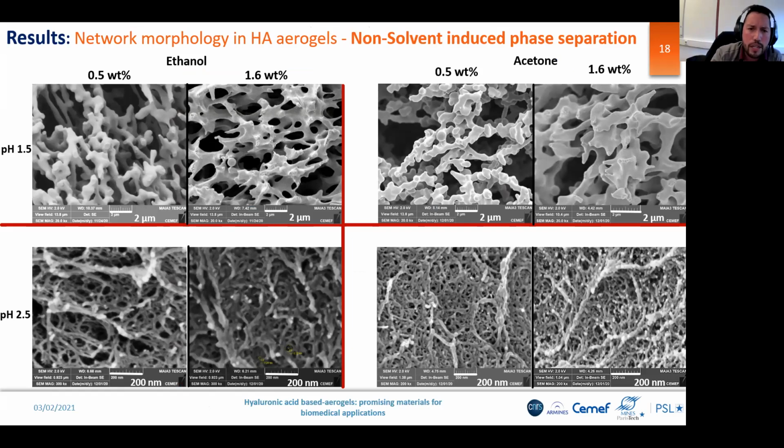In this slide, we are comparing different parameters of the first methodology of synthesis. In the upper part is a solid that we are sure is not an aerogel because the surface area is low, versus a material with a higher surface area, the one that was produced at pH 2.5.